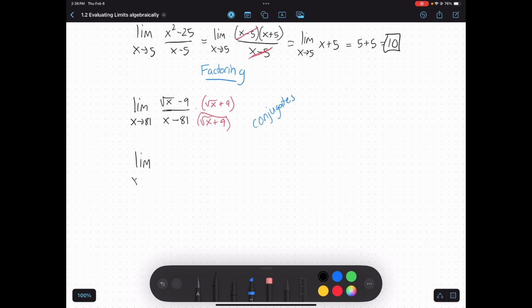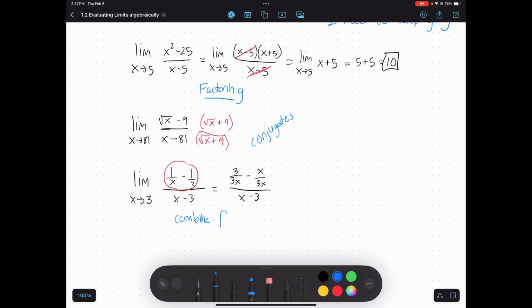What about this example? What could I do to maybe simplify this? Well, I can combine the fractions. I have two fractions that are being subtracted in the numerator, and I can combine those just by finding a common denominator. So in this case, I would get 3 over 3x minus x over 3x, right? I multiply the first fraction by 3 over 3 and the second fraction by x over x.